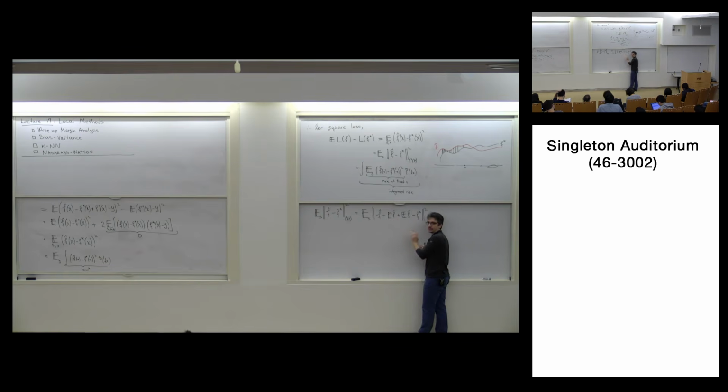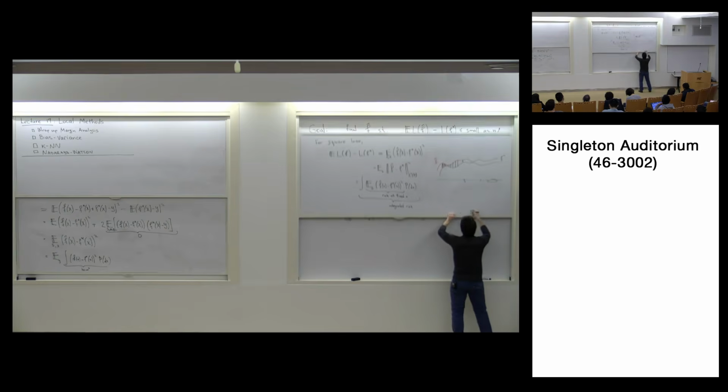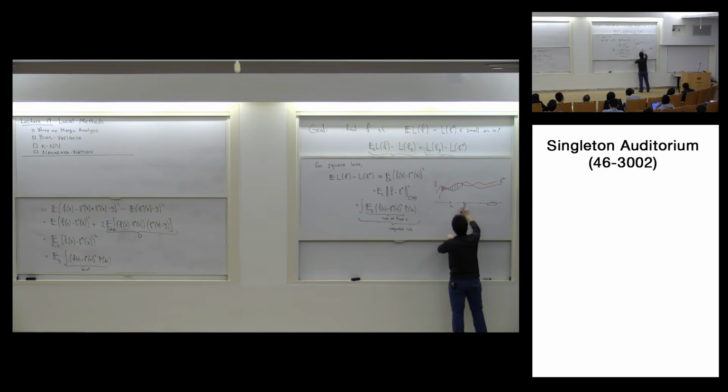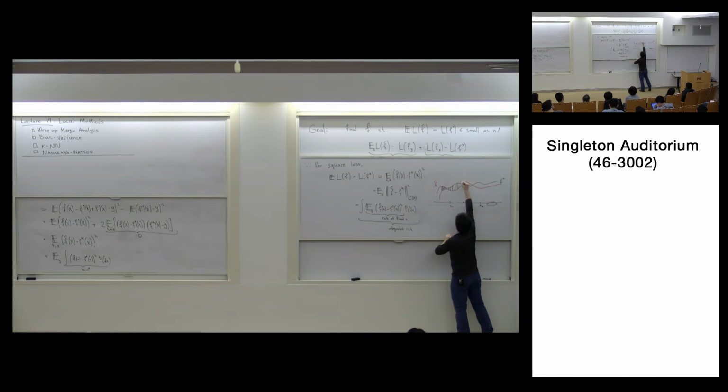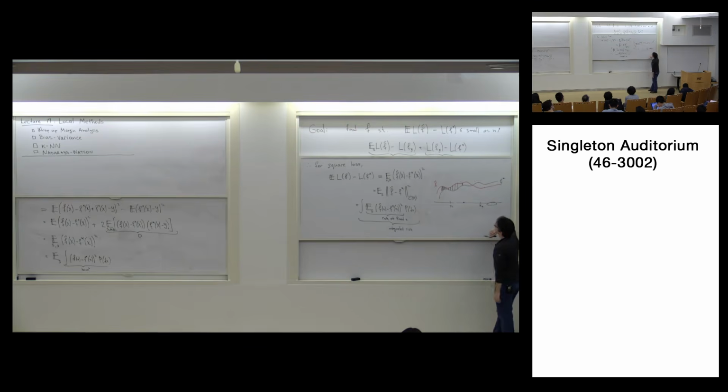Except I really need to be careful. I should specify average over what. I could take this as average over the data S, which would be the true meaning of the average of that function. Instead, I'm going to condition on x1 through xn and only take the average over the y variables. So in this picture, let's say I've got x1 up to xn, and I've got certain values of the y variable, and I get this red line.